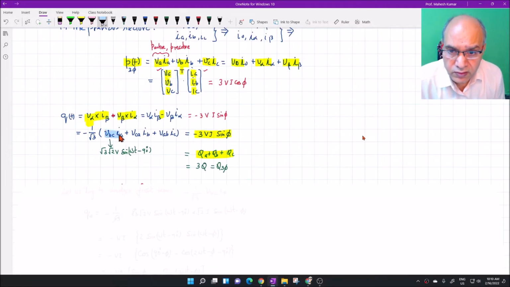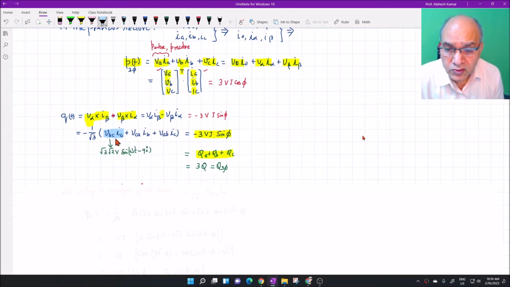If I take one term, let us call it Qa for the sake of convenience, because this is related to Ia, Vbc into Ia. Let us call it Qa. If we interpret the meaning of this term and try to simplify it, we will observe some interesting facts.